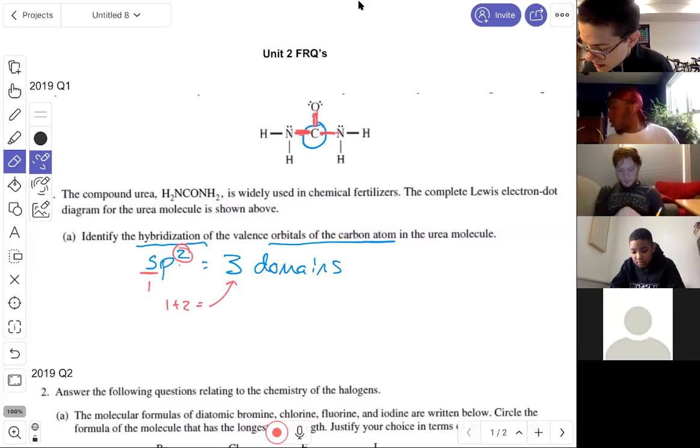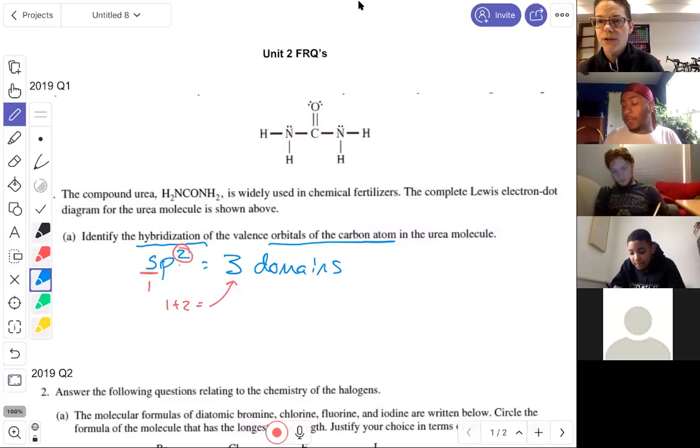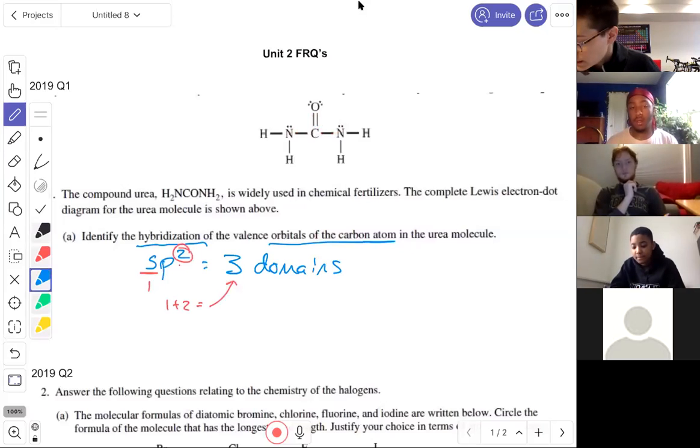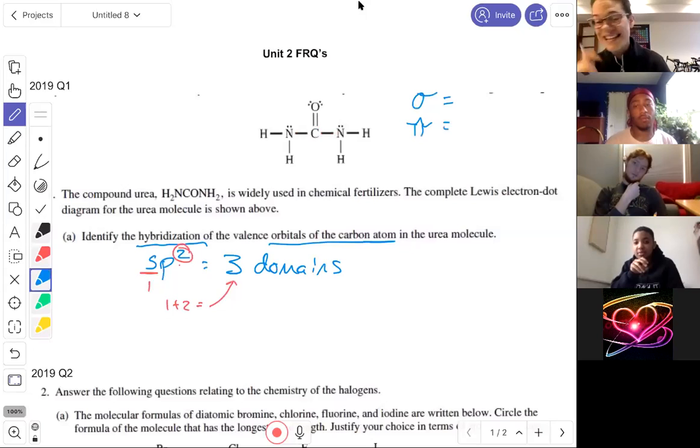Now, I know that's the only question they asked about this, but let's think about what other things you could be asked here. Looking at a diagram like this, how many sigma and how many pi bonds are there? 7 sigma, 1 pi.